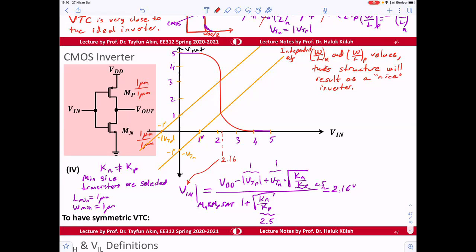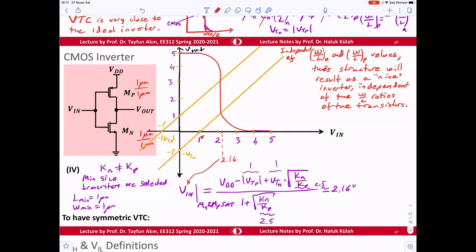So it is independent of the W/L ratios of the transistors.